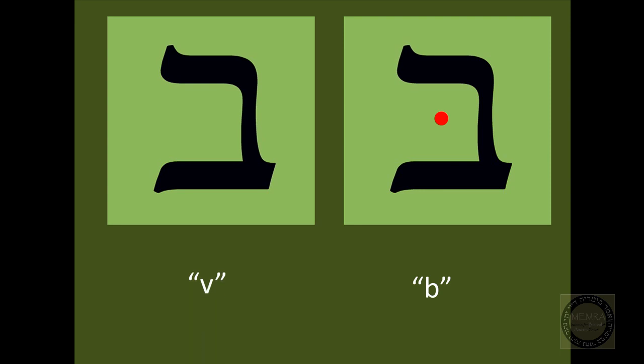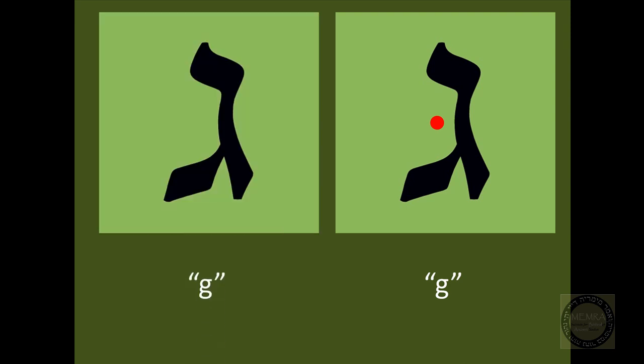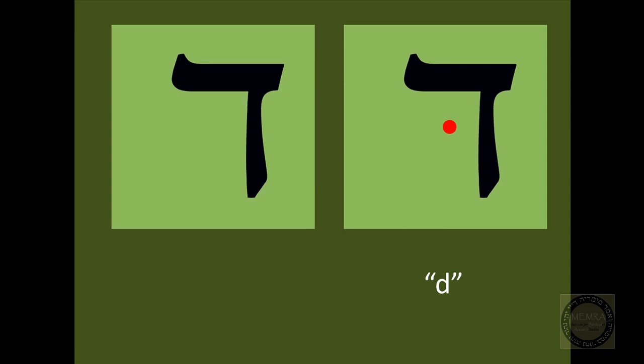So here there's a difference in pronunciation. We have g, gimel, and without the dot, to our ear, it's the same, g. No discernible difference. We have d, dalet, and without the dot, again, to our ear, no discernible difference.